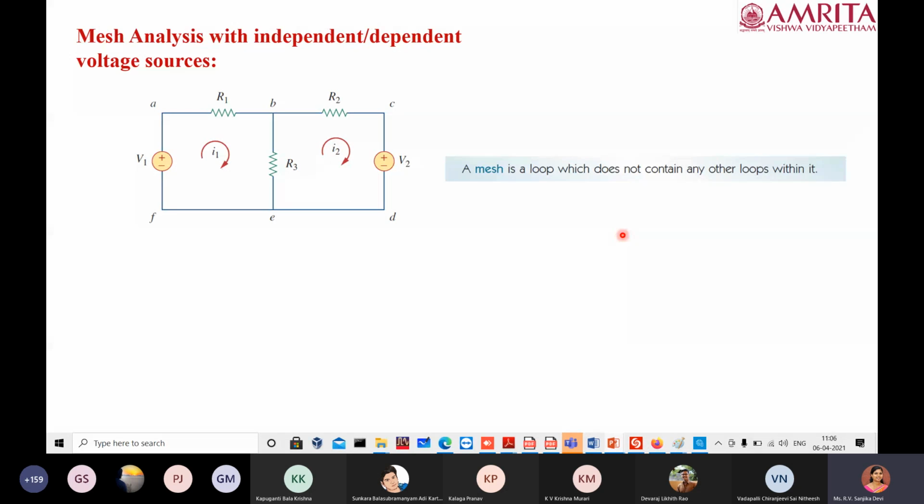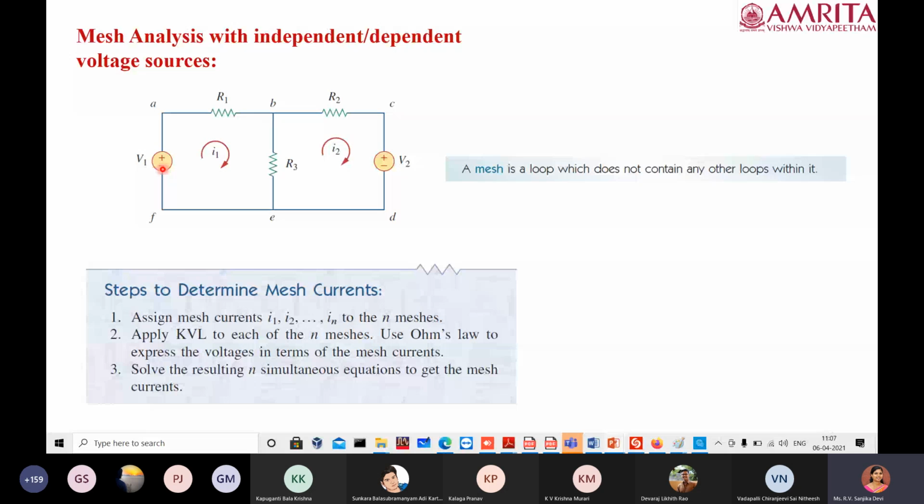Basically, a mesh or a loop is nothing but a closed loop in a circuit. And by applying a certain sequence of steps, we will be able to solve for the unknown currents. Here, the assumption is that the circuit will have only voltage sources.